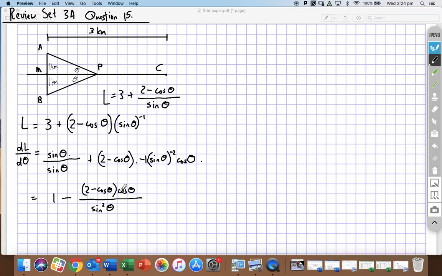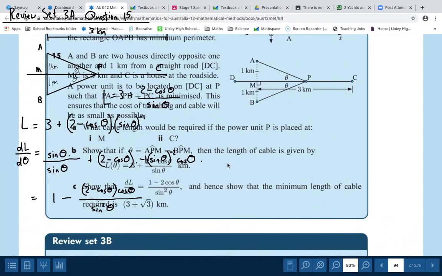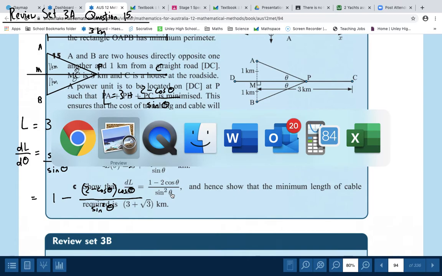Now I can see a cos squared in there, but I'm going to do what you should be doing as well, and that's checking the form that they want the equation to be in. So they want it to say 1 minus 2 cos theta on sine squared theta. I don't think my equation looks quite like that. Let's have a look again.